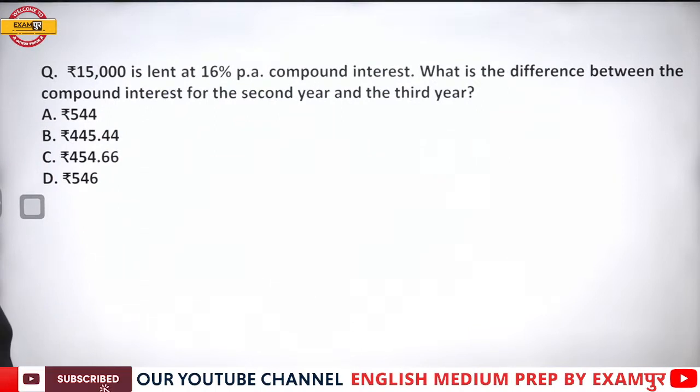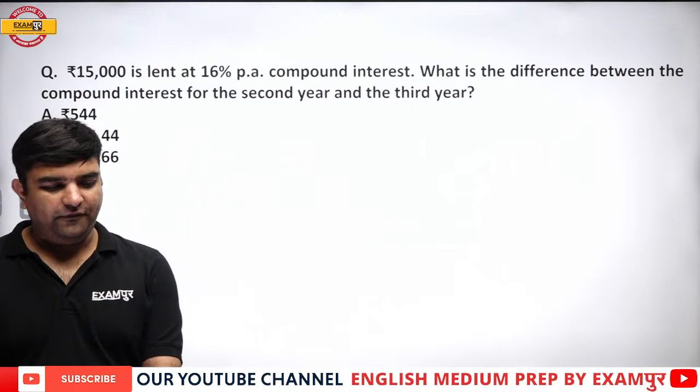$15,000 is lent at 16% per annum compound interest.